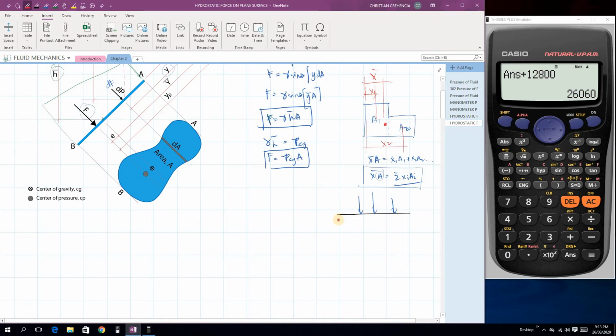Then meron siya mga distances na x1, x2, and x3. Then kukunin natin yung ating resultant force, let's say resultant force R.